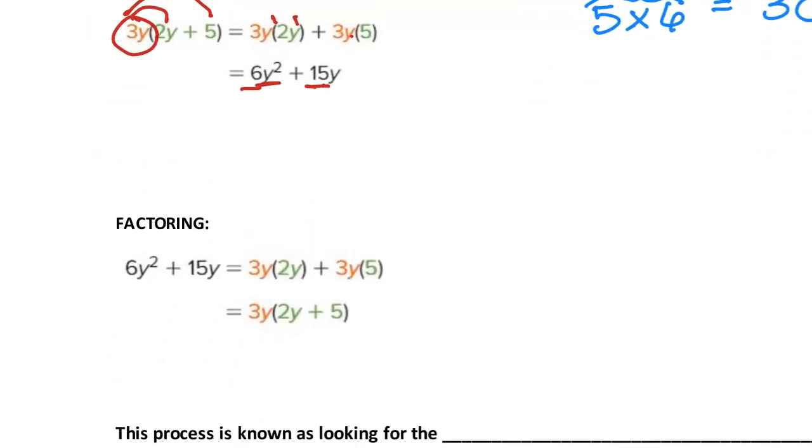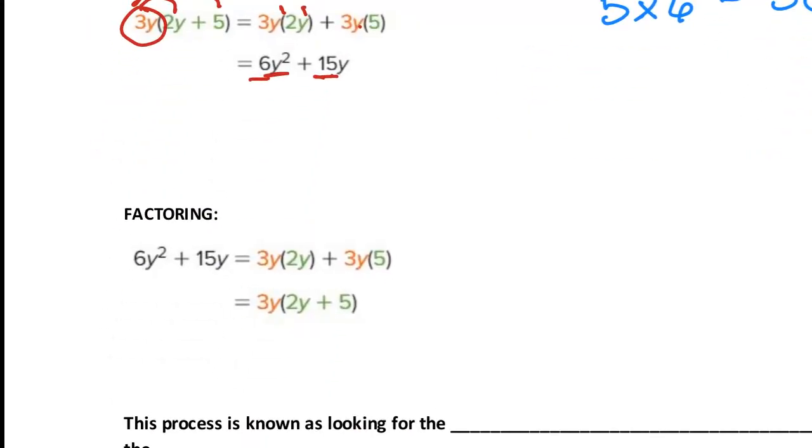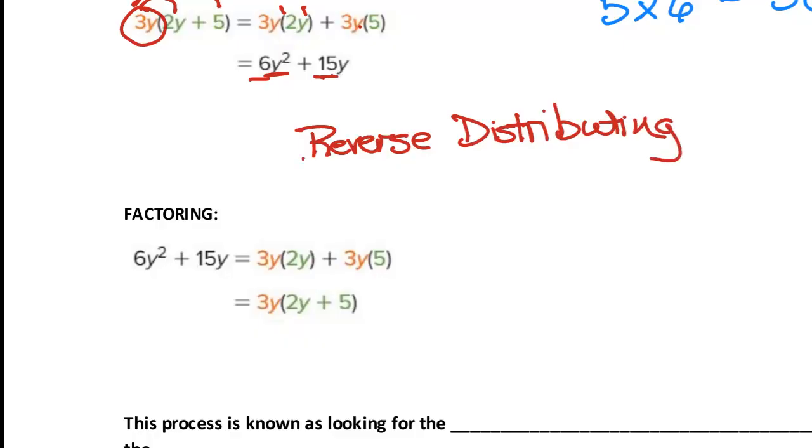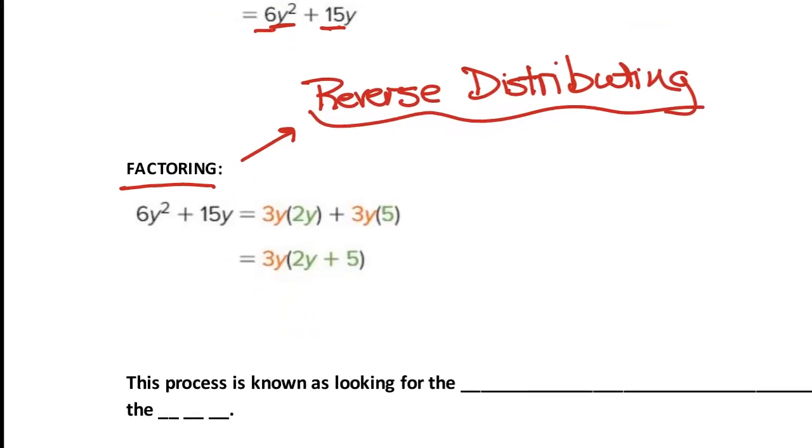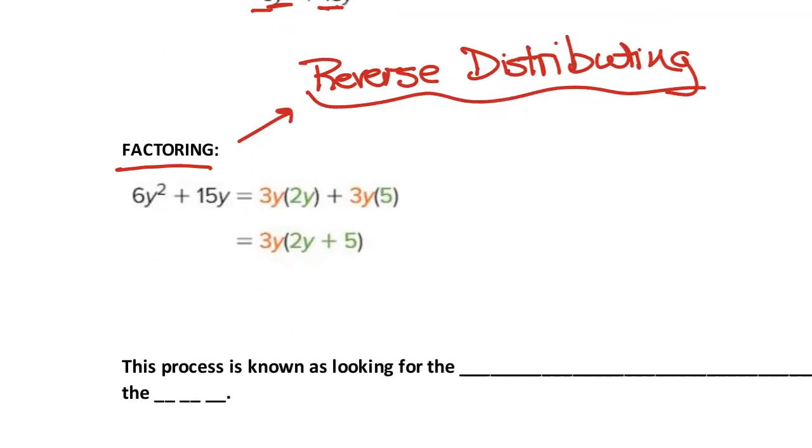In factoring, it is what I would say reverse distributive property. Reverse distributing. Okay? That's what factoring is, reverse distributing. So we have 6y squared plus 15y.